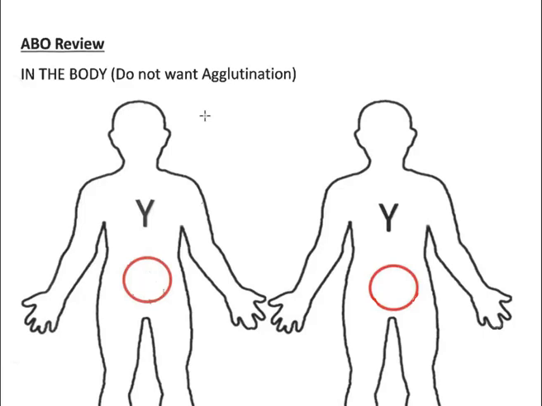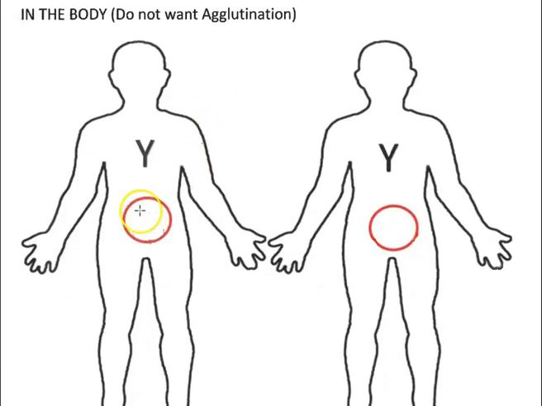So on this first ABO review worksheet, we're going to be focusing on what's going on inside the body. Inside the body, we do not want any agglutination to happen. If we scroll down and look at the figure on the left-hand side, this circle represents our red blood cells, and this Y figure represents our antibodies. The Y figure roughly represents what an antibody looks like.